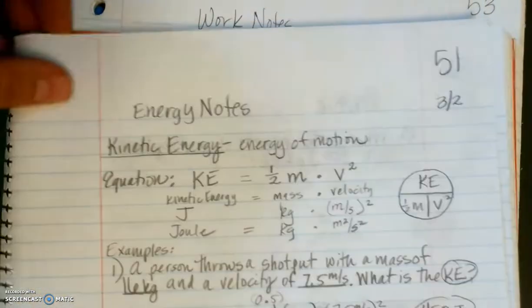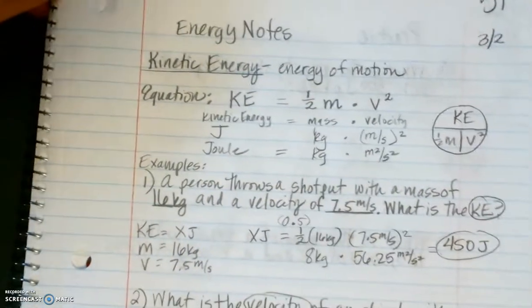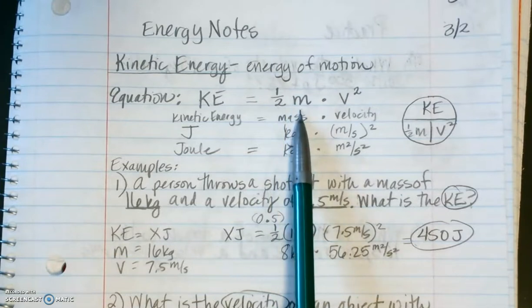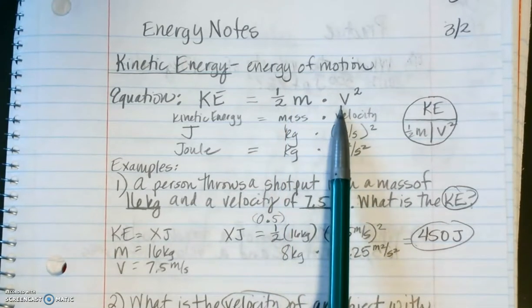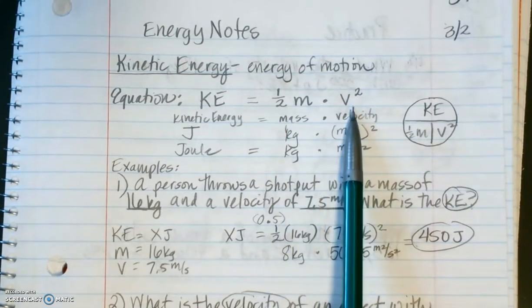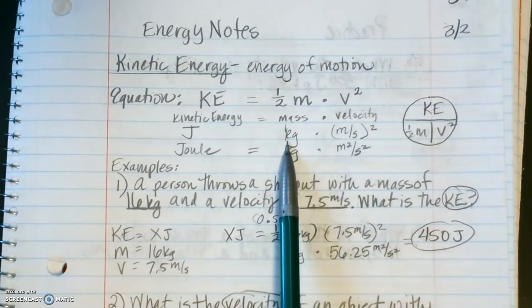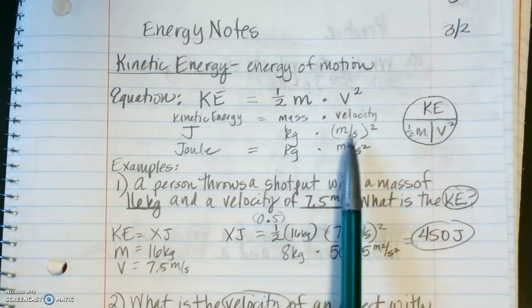We also talked about kinetic energy. Remember that kinetic energy is the energy of motion. Our equation was 1/2 of the object's mass multiplied by its velocity squared. As a reminder for units again, we had a kilogram for mass, and a meters per second for velocity.